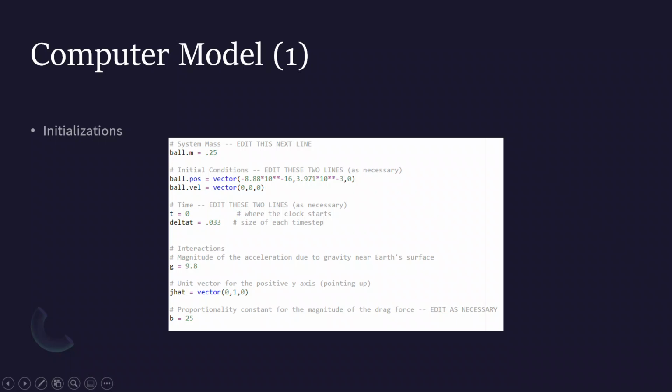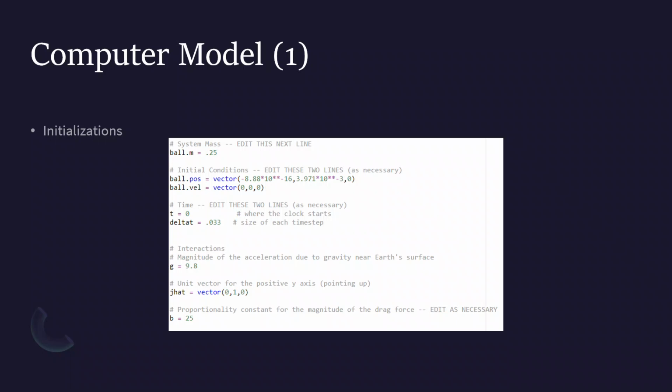And so for my initializations in my computer model, I had it set as the slinky's mass is 0.25, and I got the initial position from the tracker. The initial velocity is 0, and the delta t comes from the time frame in the tracker, and gravity is just 9.8, and the J hat is 0, 1, 0 because that's where the bottom of the slinky is.